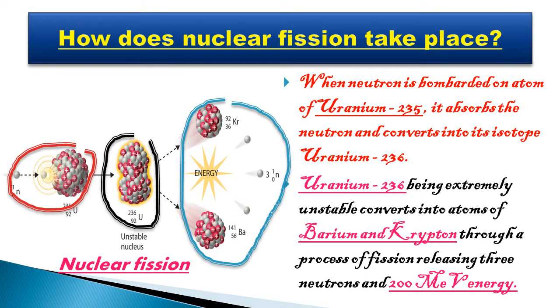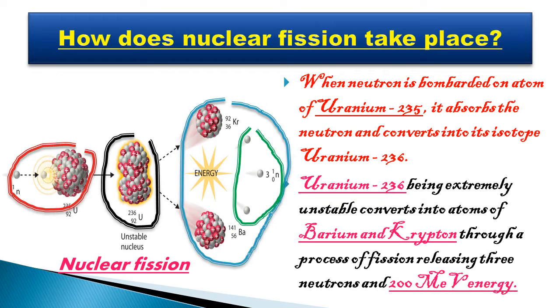converts into nuclei of elements like krypton and barium. A very high amount of energy, 200 MeV, is released, and also 3 neutrons are released during the nuclear fission reaction. The 3 neutrons generated in the fission process cause the fission of 3 other uranium 235 atoms, releasing more energy.